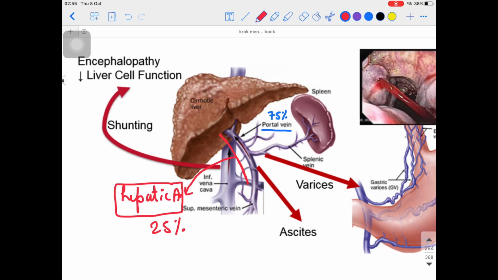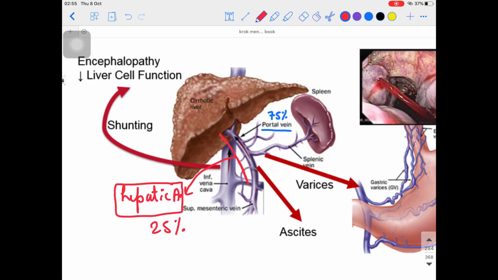Our body is solely dependent on the liver actually, and if the liver is not working, definitely your body will not be able to survive. After all, we have only one liver. Kidneys we have two, and a patient may live on one kidney, but a patient can't live without the liver.